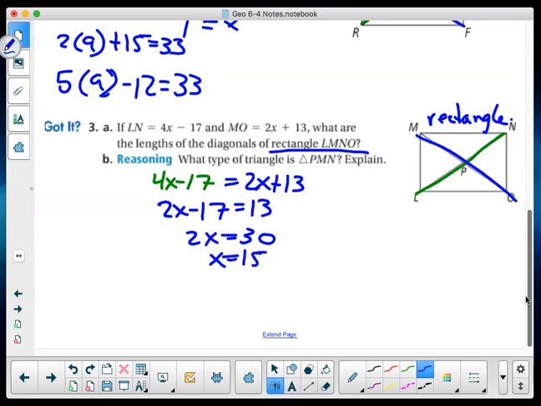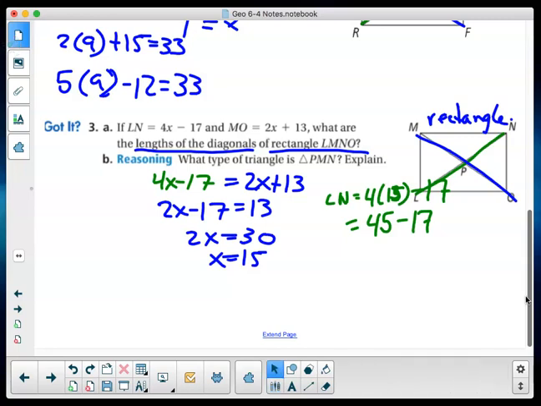Now, keep in mind, I found x, and they asked me to find the length of the diagonals. So the length of my diagonal LN is going to be 4 times 15 minus 17.